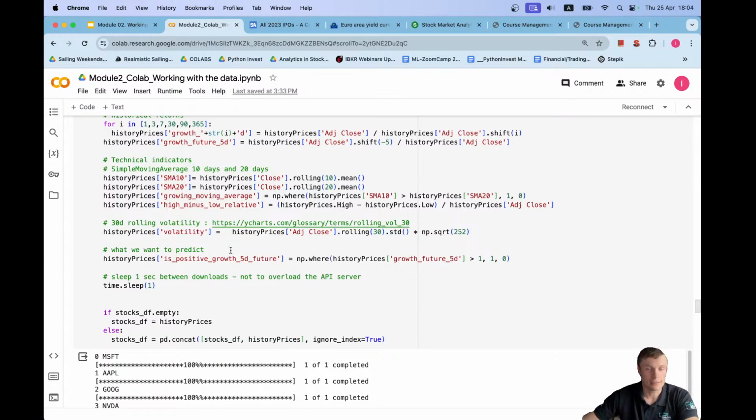And in this case, we define positive growth 5 days in the future. I tried trading 1 day or 3 days in the future, but what worked for me was to define 5 days. That's 1 week ahead, so that I don't have a Monday or Friday seasonality.